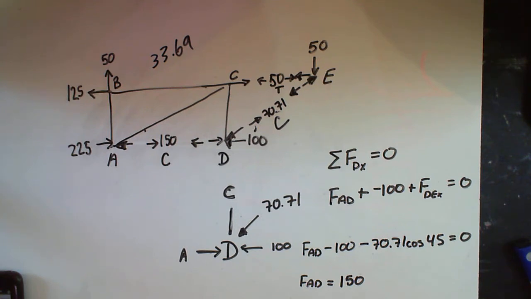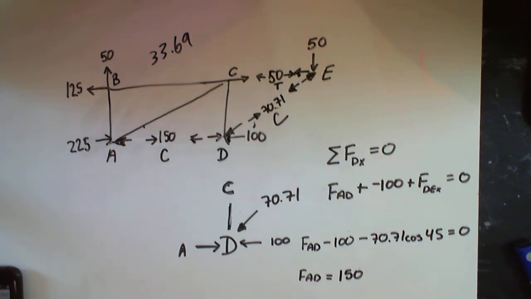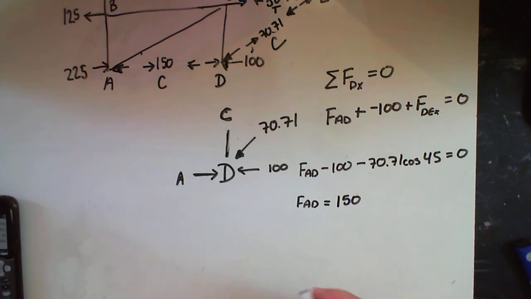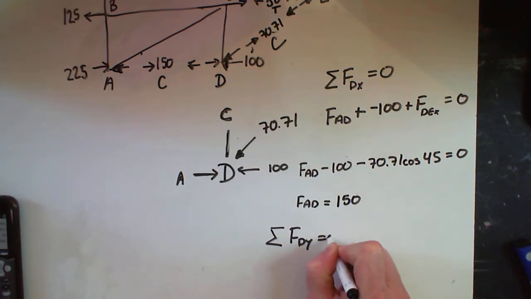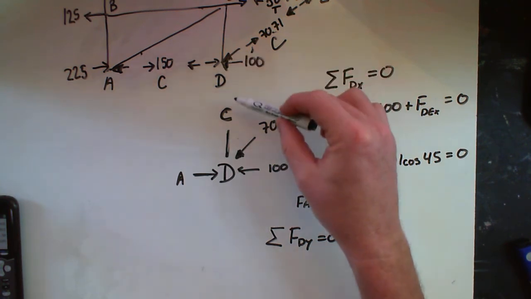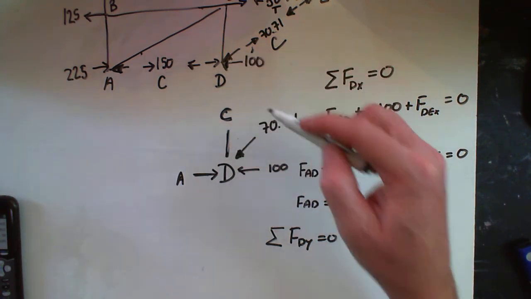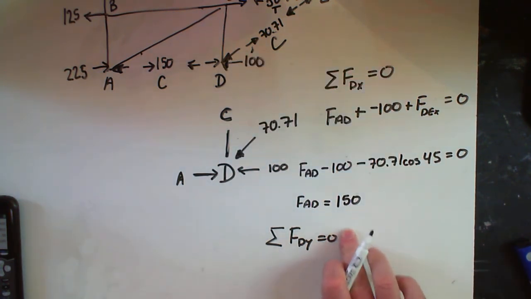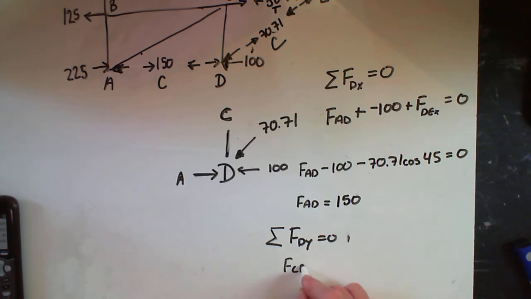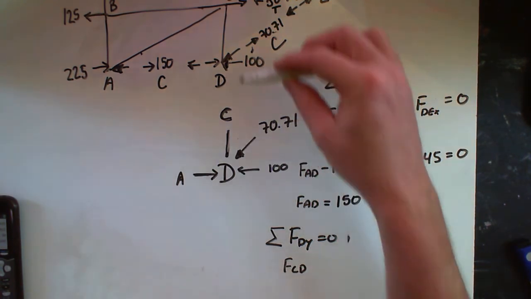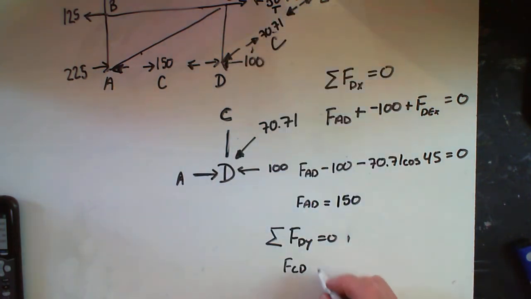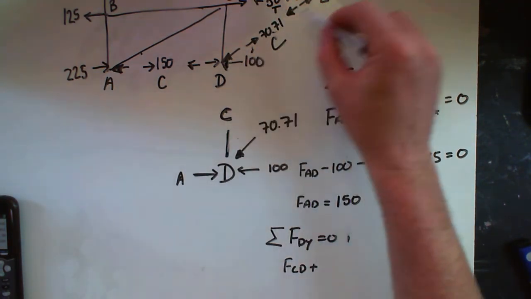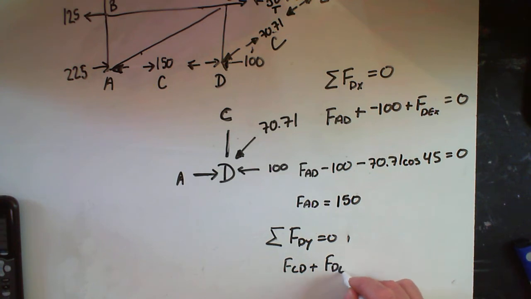Let's quickly get that Y down. I'm going to run out of video time and have to switch videos for the next node. That's okay. The sum of FDY equals 0. So we have two Y's. We have whatever's happening at CD, F of CD. Again, I just left it as F of CD because it is purely vertical. Plus, we also have the FDEY.